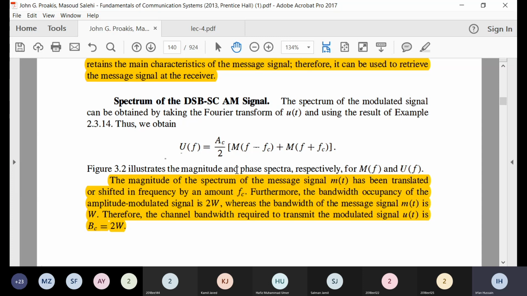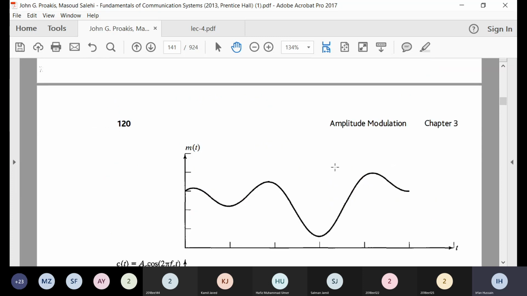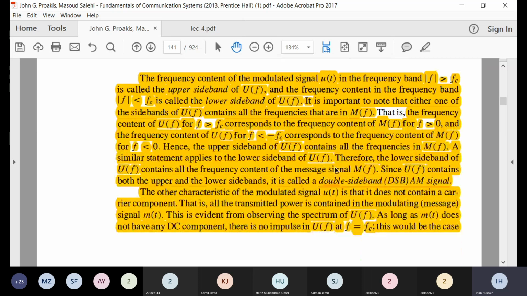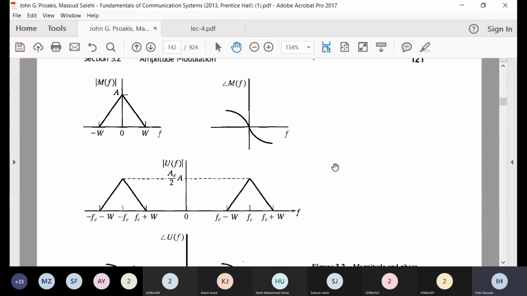Figure 3.2. You can see here this was the m(t) signal. This is a new figure. This was M(f). This was a low pass, a baseband around zero frequency. It was occupying this much band, and this was its phase. So once you modulate, what happens? This total is shifted to fc.